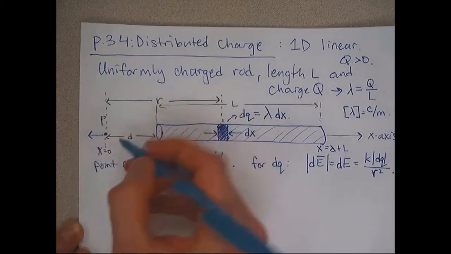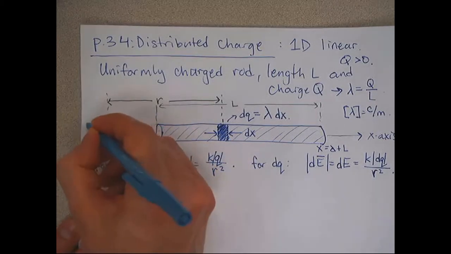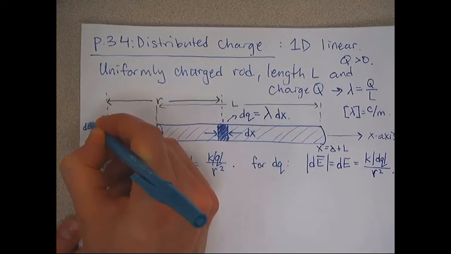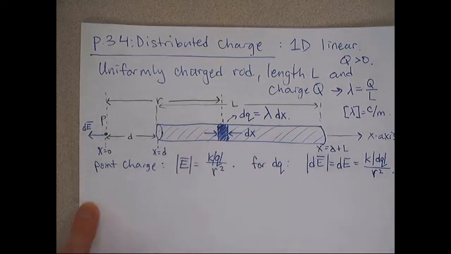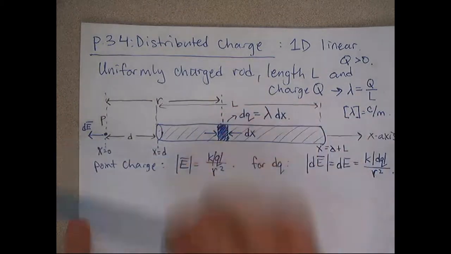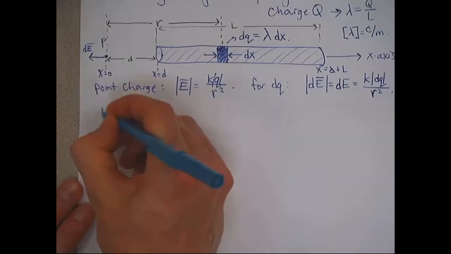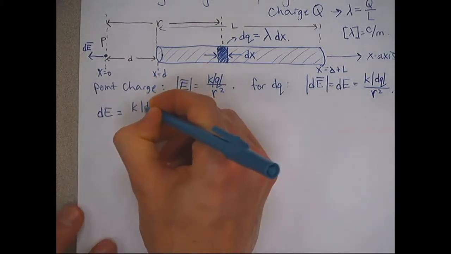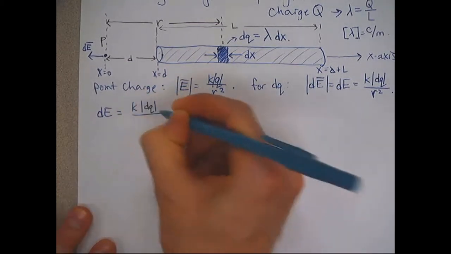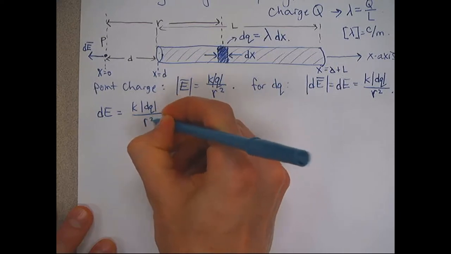So we should create an electric field vector, dE, which points away from that positive charge to the left in this diagram. It has a magnitude k dq over r squared.